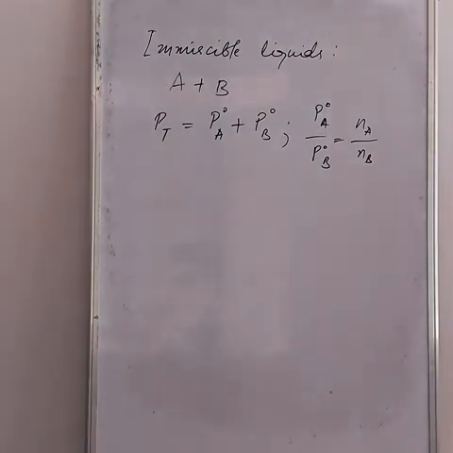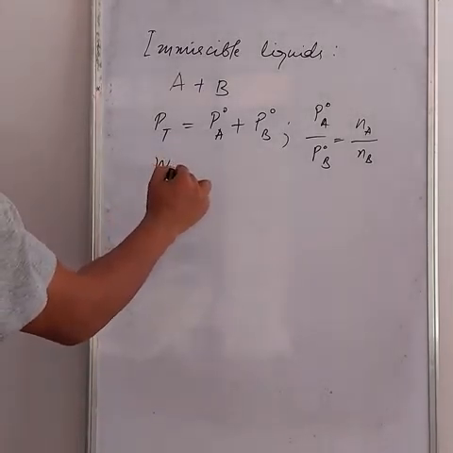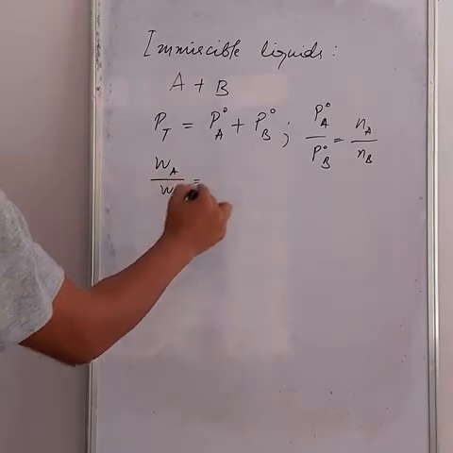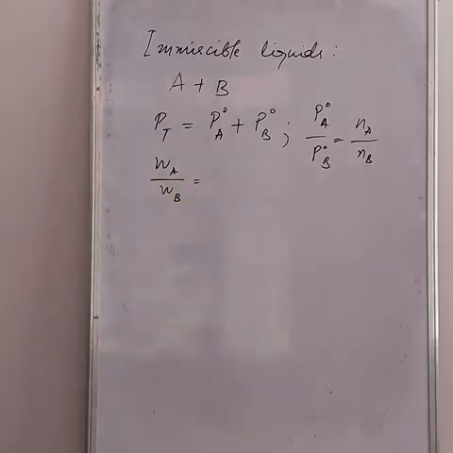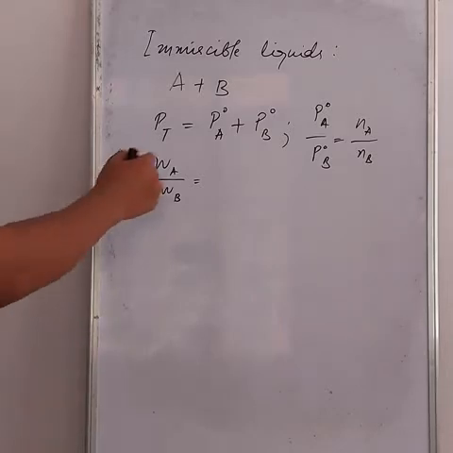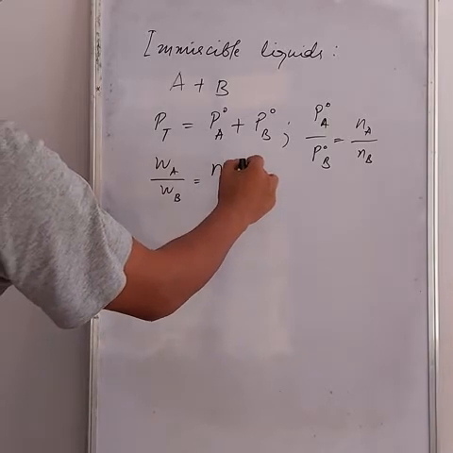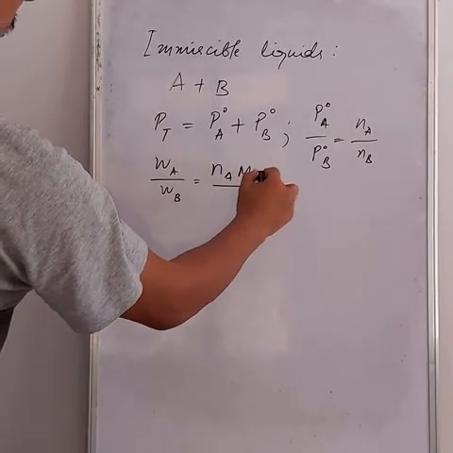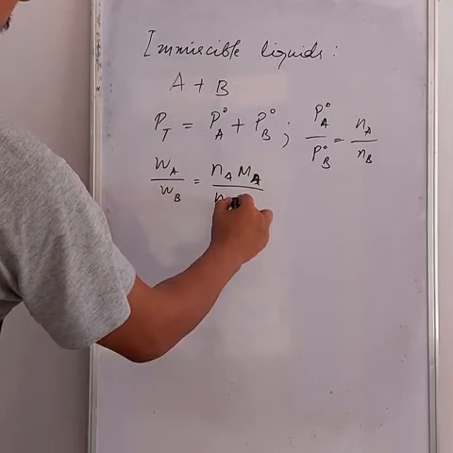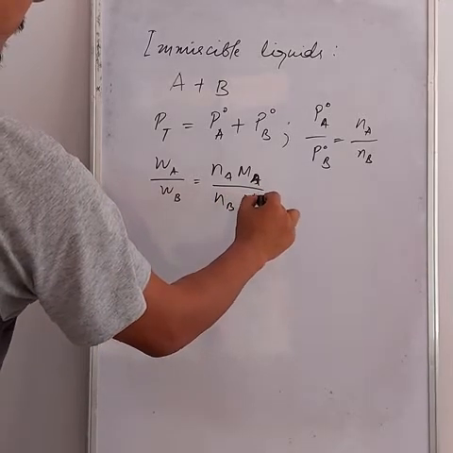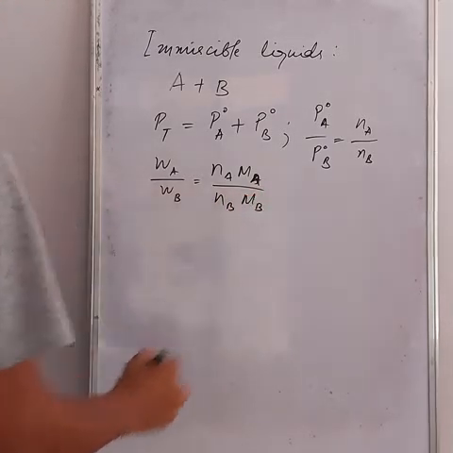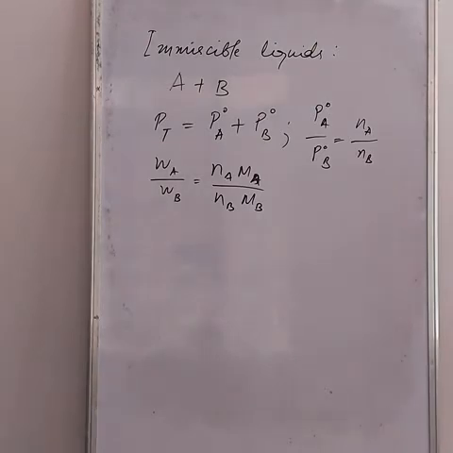And we can even address the weight of each of the individual solutions. If we add weight, then the weight of each of the solvents is nothing but the number of moles times the molar mass of each of the individual solvents or solutions, which makes up the total solution.